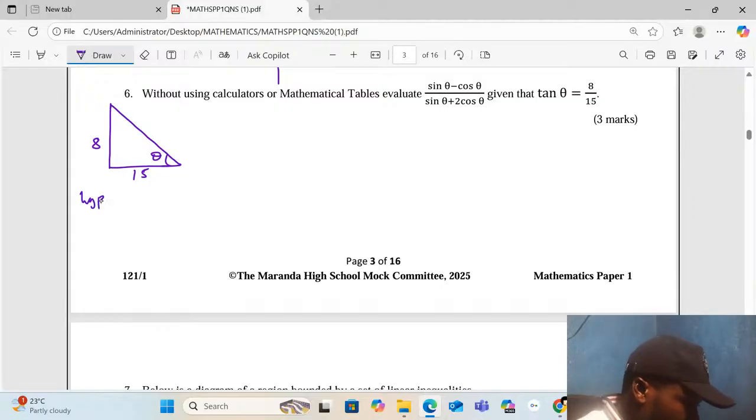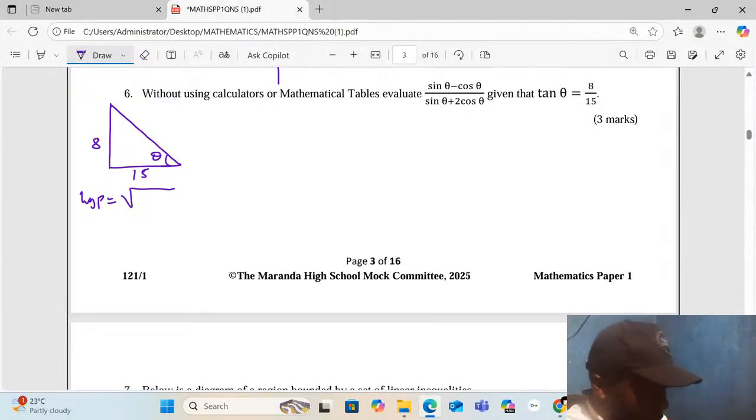The hypotenuse is equal to the square root of 15 squared plus 8 squared.